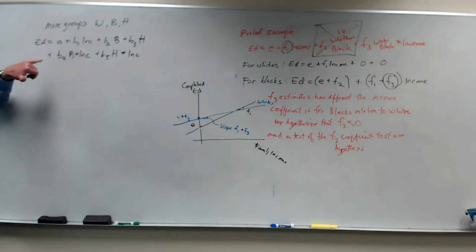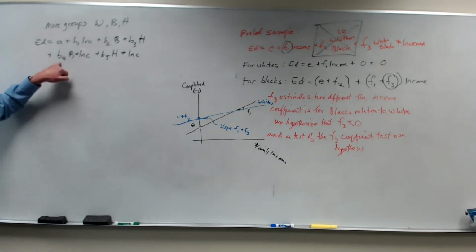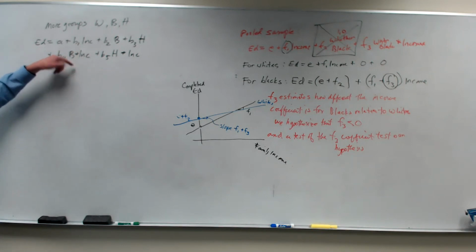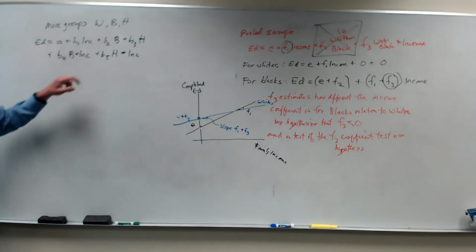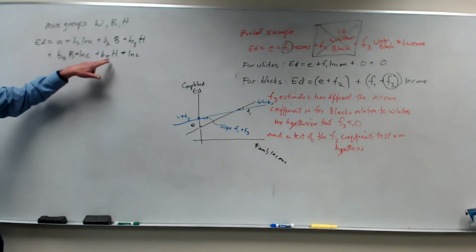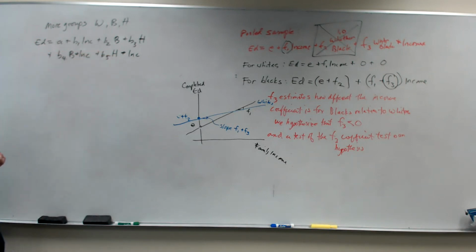But the main focus is on whether this coefficient B4 is significantly different, right? Because that tells you whether the payoff to income is significantly different for blacks relative to the omitted group of whites, and B5, whether the payoff to income is significantly different for Hispanics relative to whites.